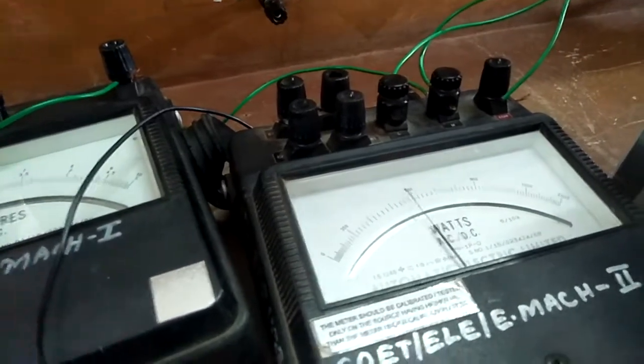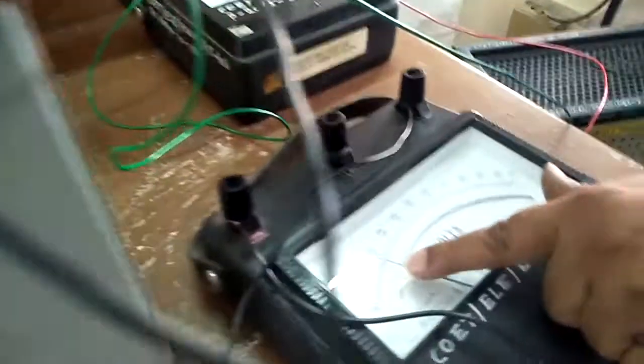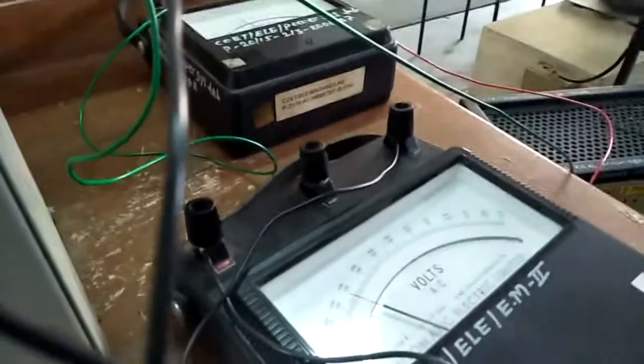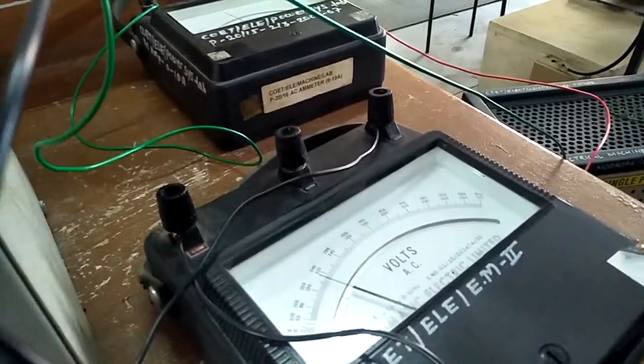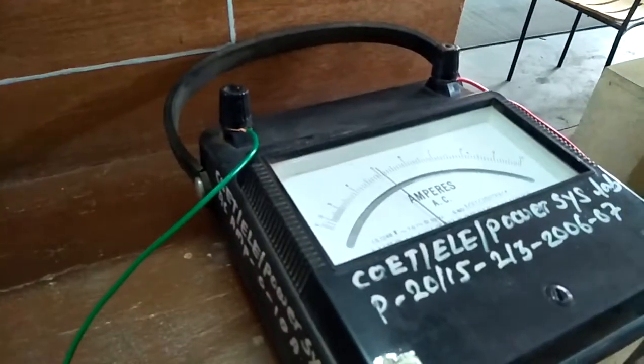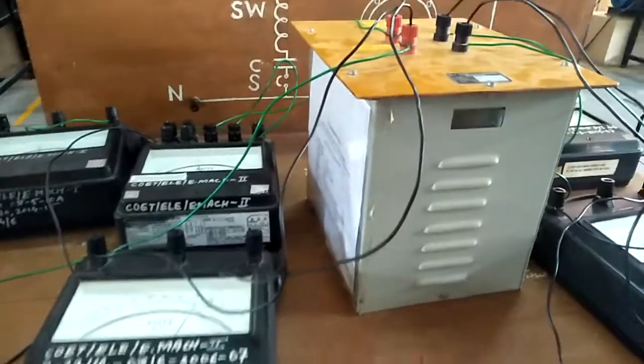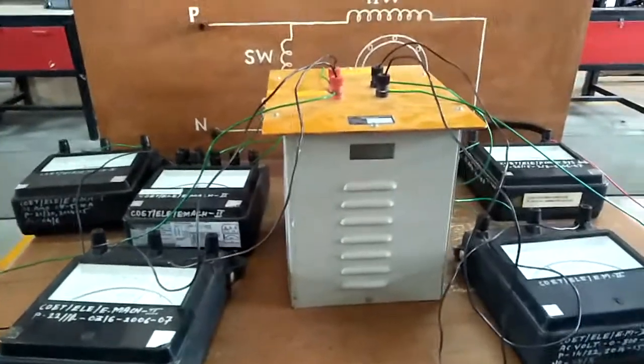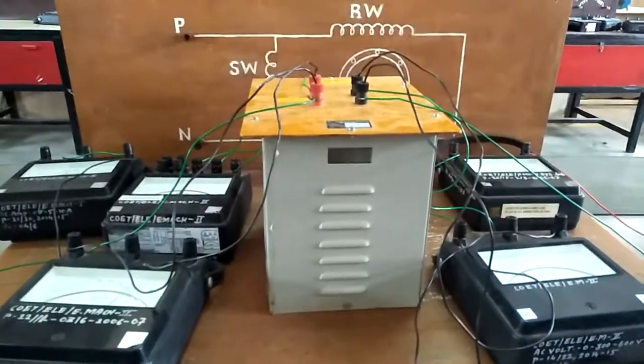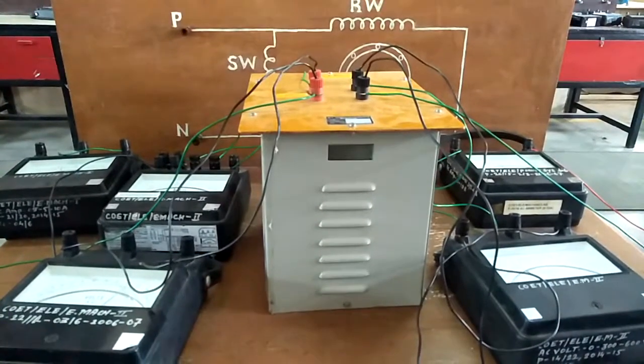Again the voltage has been reduced by 3 volt. The voltage goes on reducing as the load increases. By doing some calculation, we are able to find the voltage regulation as well as the actual efficiency of the transformer at a particular load current and load condition.